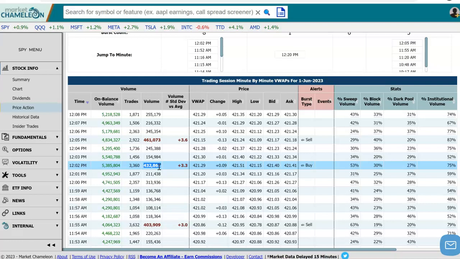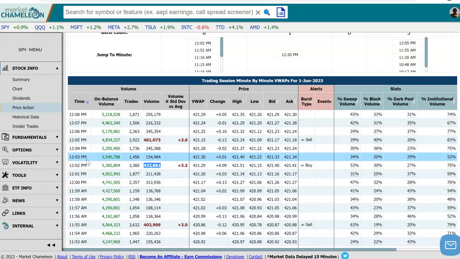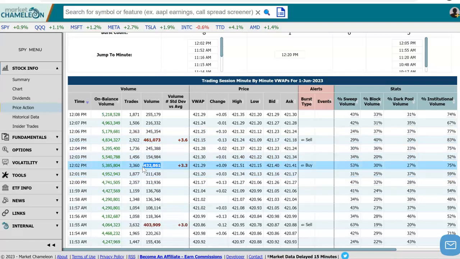So we look at our historical database and we check, for this hour, which happens to be between 12 and 1, what is the average volume for this stock in a minute?